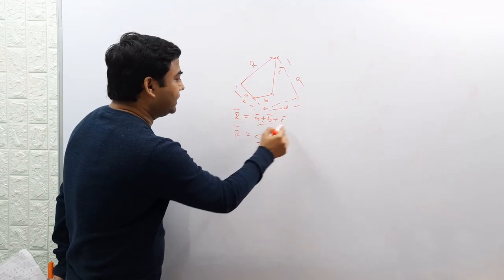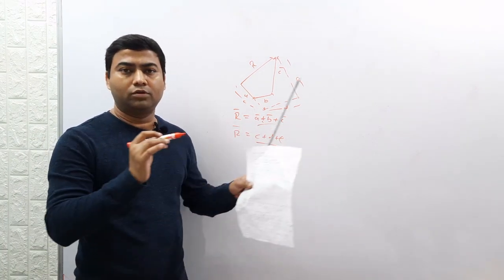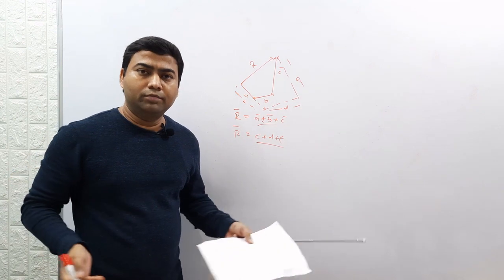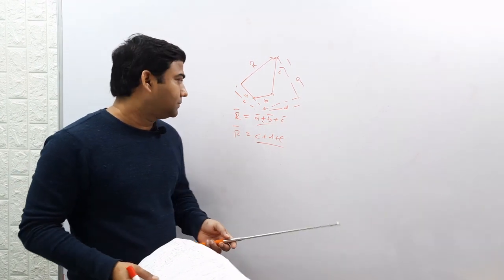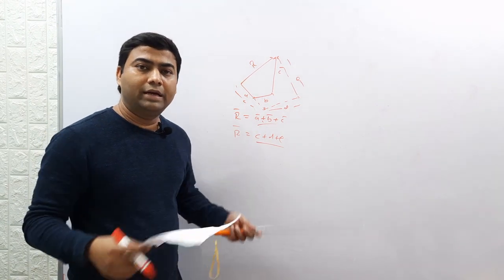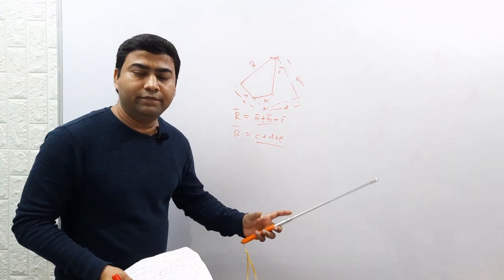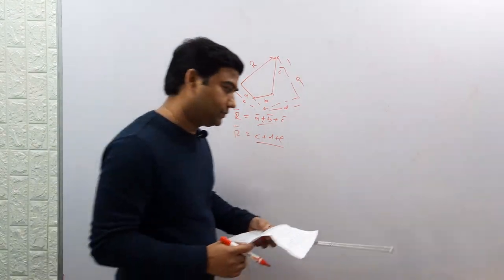Similarly, you can have infinite number of combinations of 4 vectors, 5 vectors, 6 vectors, 10 vectors. There are infinite number of combinations of any number of vectors whose resultant will be equal to R.